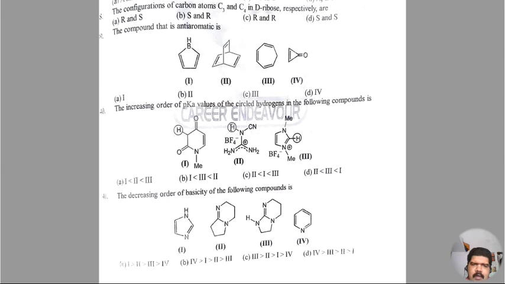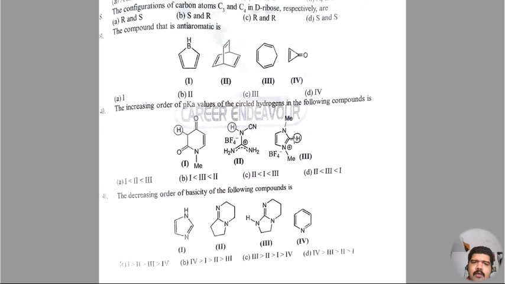If you release hydrogen from here, it is stabilized by this 3 carbon system as well as the cyano group, which is a triple bond. So out of 1 and 2, 2 will be more acidic, and it will have a higher Ka value, or rather 2 will have a lower pKa value and 1 will have a higher pKa.